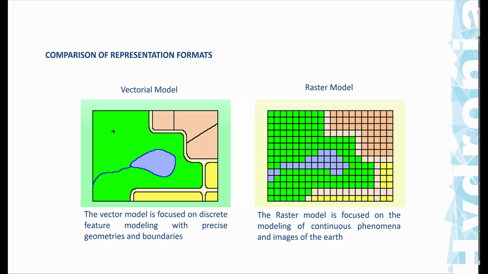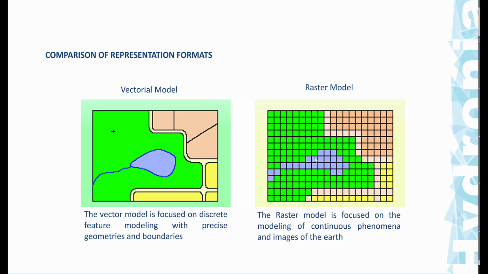These figures try to summarize and compare the different formats we have been looking at, the vector format and the raster format. You can see here that the representation of the vector model is more accurate. If you wanted to show streets, a lake, or areas that represent parcels of land, it will be much more accurate.